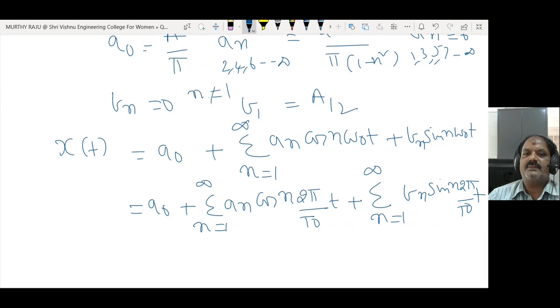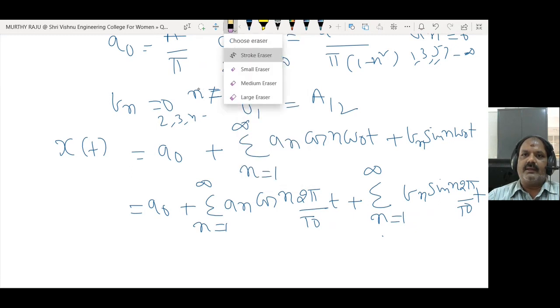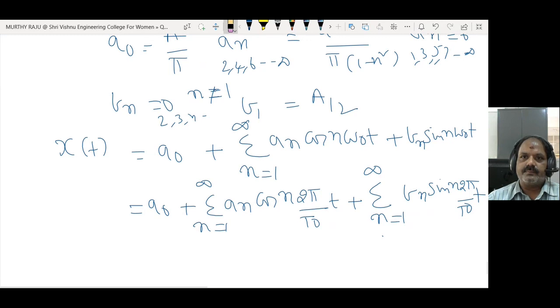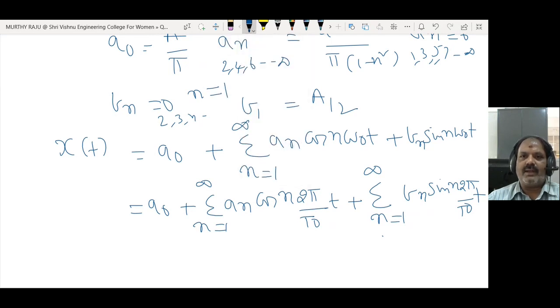The remaining values 2, 3, 4, 5 and so on, bn is 0, n not equal to 1.